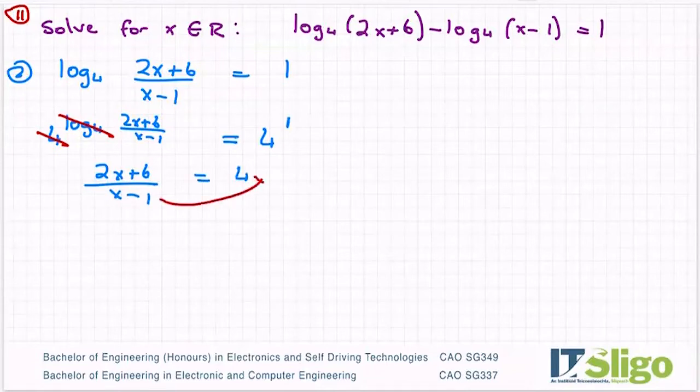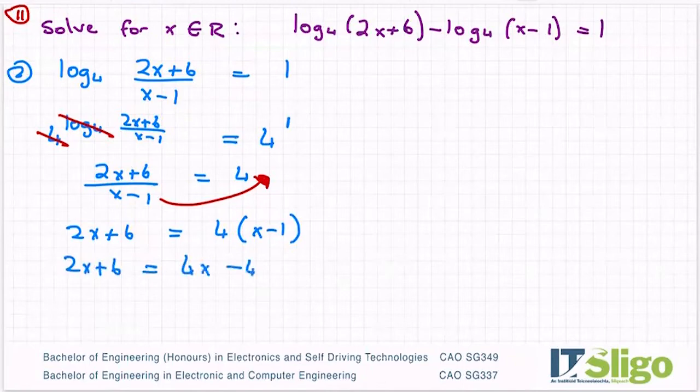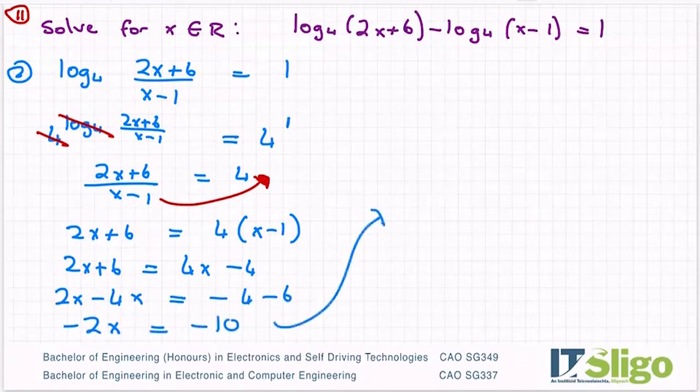So I'm going to bring this up this side, and then we're just going to solve for x. I'll have 2x plus 6 equal to 4 times x minus 1. 2x plus 6 is equal to 4x minus 4. It doesn't really matter which way I do it. I'll bring the x's to the left, only because that's what I normally say in videos, but it doesn't matter.